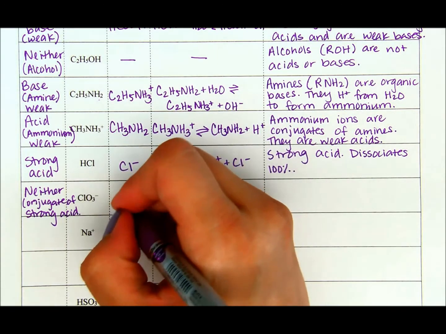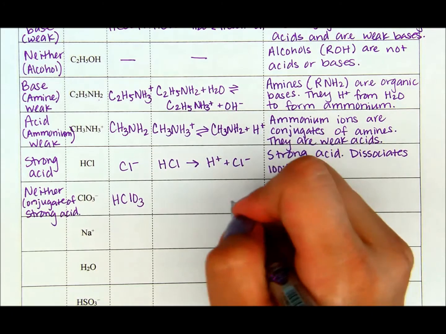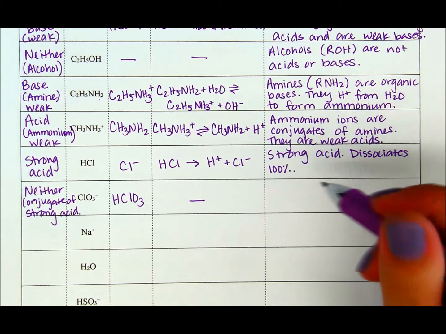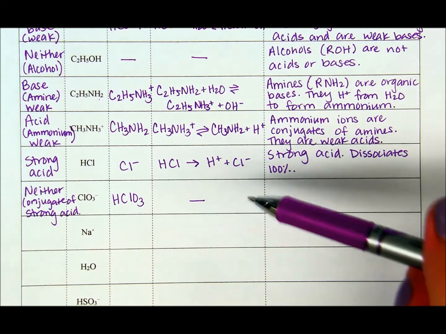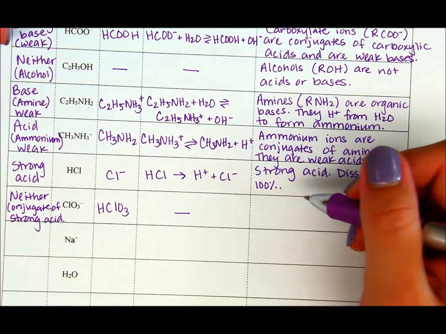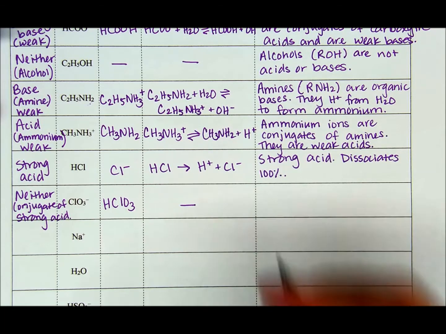So the conjugate here, HClO3, strong acid. The dissociation equation, it's not going to do anything. Anions of strong acids do not pull hydrogen ions to them from water, so they're not acids or bases. So anytime you have the conjugate of a strong acid or the conjugate of a strong base, it's not going to be either, because you're not going to react the other way to form that strong acid or strong base again, because it would just dissociate completely again.